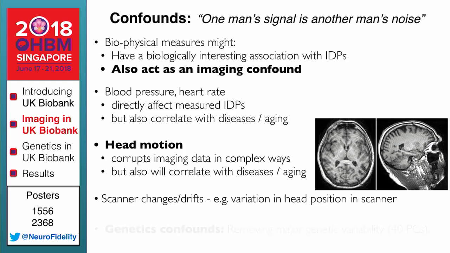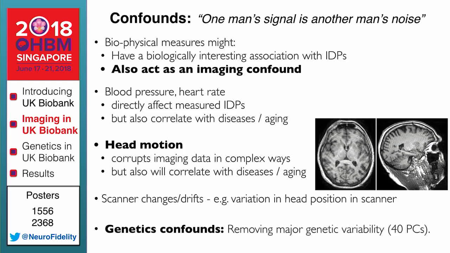For the genetic information, the way to deal with the confounds is very standard in genetic studies, which is removing the 40 principal components from the data. If you want to know more about how we are dealing with confounds in brain imaging, you can see poster 2368, I will be there.